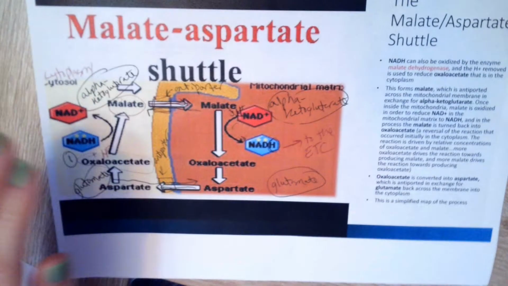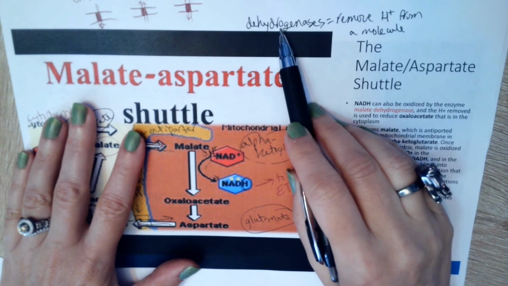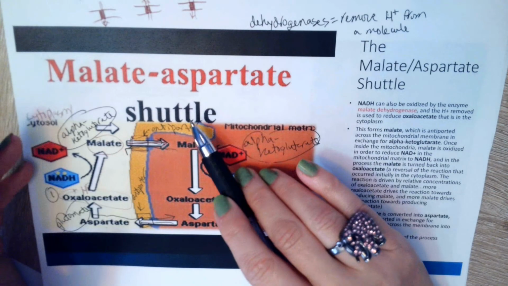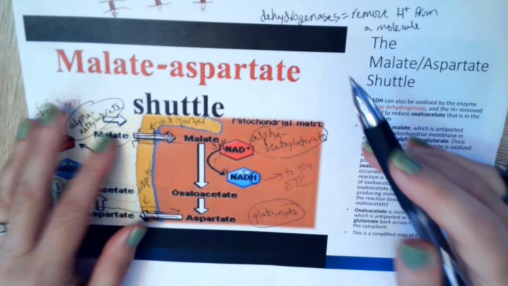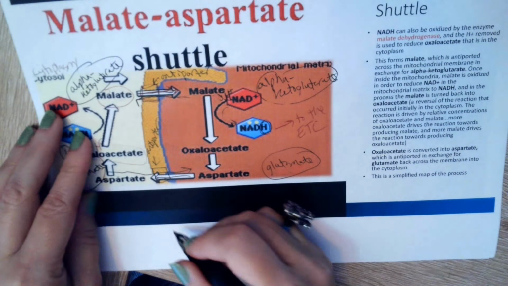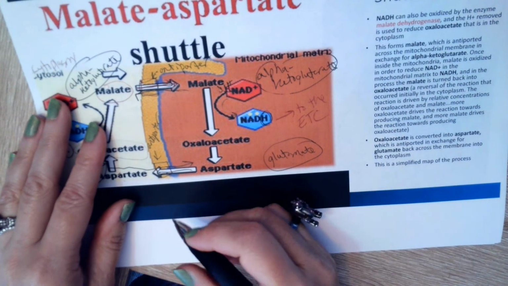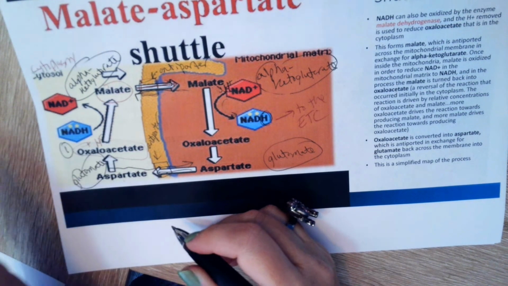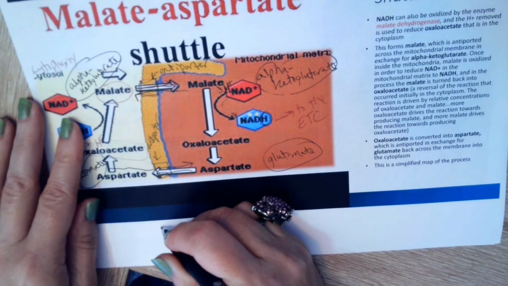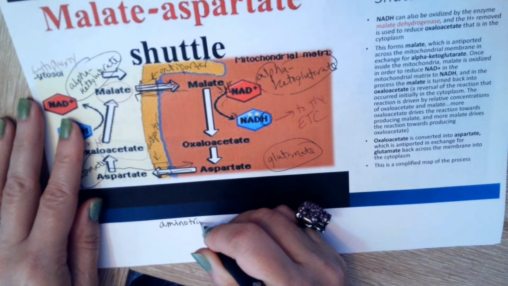So let's look at the enzymes that do that. We already saw dehydrogenases. That's what takes hydrogens away from one thing and puts them onto another. We can also do this same kind of thing with amino acids, where we take an amino acid from one molecule and transfer it onto another. And the enzymes that do that tend to be called aminotransferases.